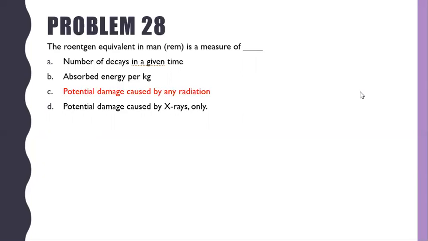So once you have multiplied by that, you have a value for the damage caused by any radiation that you can compare because they've all been normalized to X-rays. So it's the potential damage caused by any radiation on a scale that's comparable from one type of radiation to another type.